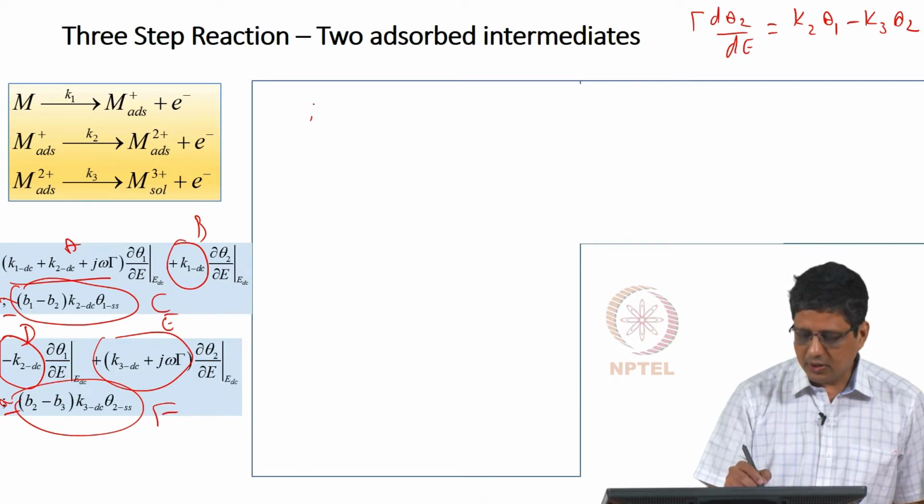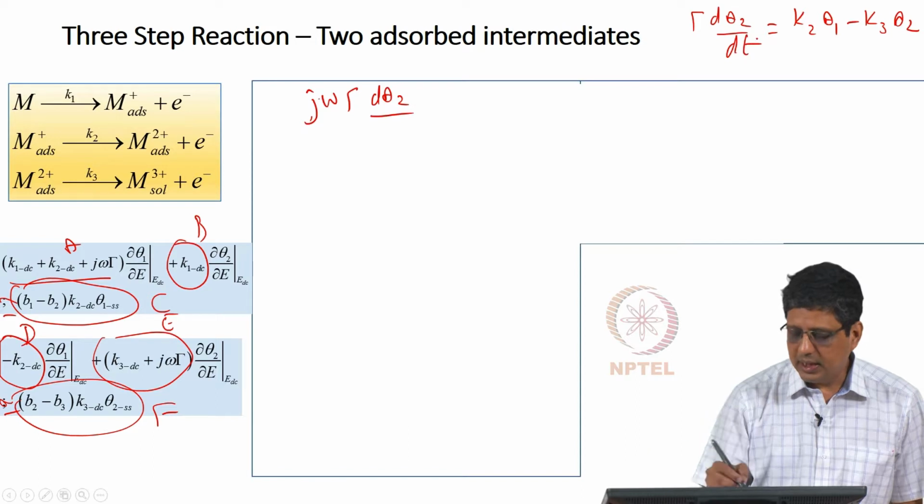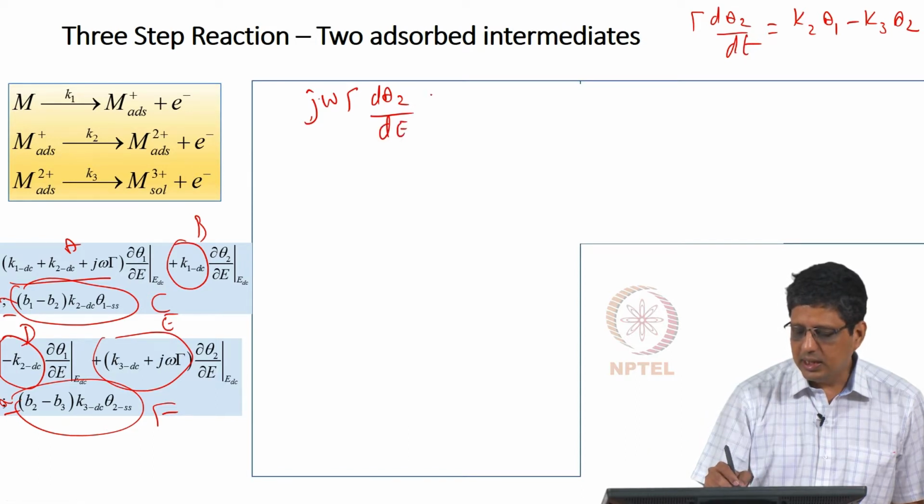On the left side you are going to get j omega gamma d theta 2 by, I am sorry, this is d theta 2 by dt, so you are going to get j omega gamma d theta 2 by dE EAC on the left hand side.